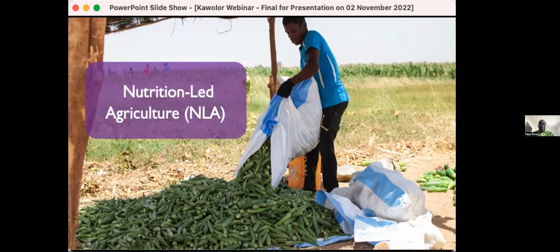I'm going to take the next 5 to 10 minutes to go through the nutrition-led agriculture concept by talking about the what and the how, and also who is involved in nutrition-led agriculture. I may often use NLA as an acronym to let you know that it's all about diverse, healthy, and nutritious food.